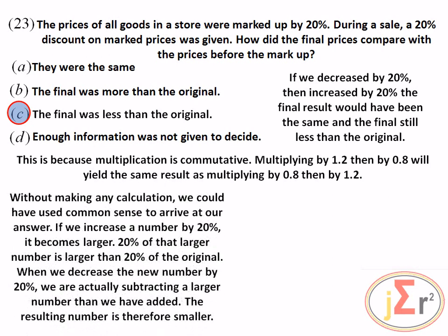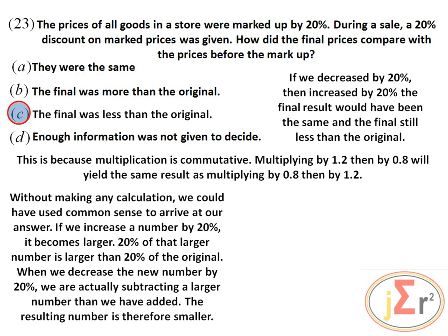Without making any calculation, we could have used common sense to arrive at our answer. If we increase a number by 20%, it becomes larger, isn't it? Now, 20% of that large number is larger than 20% of the original.